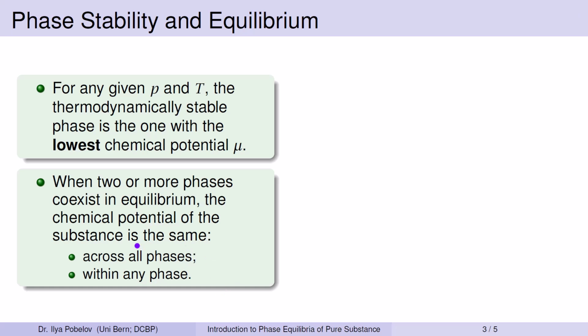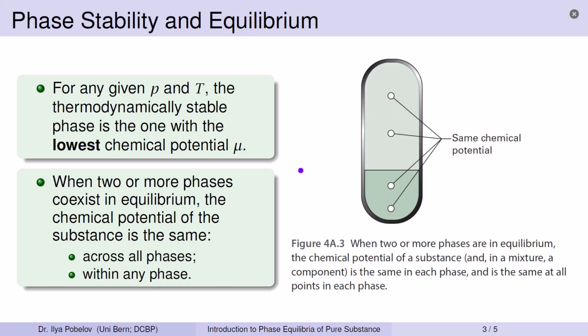If there is any deviation, then there exists a possibility to reduce the system's Gibbs energy by redistributing matter within the system. For example, imagine that a certain substance is present both as a liquid and as a gas. At equilibrium, the chemical potential of this substance is the same everywhere, both between the two phases and within each phase individually.